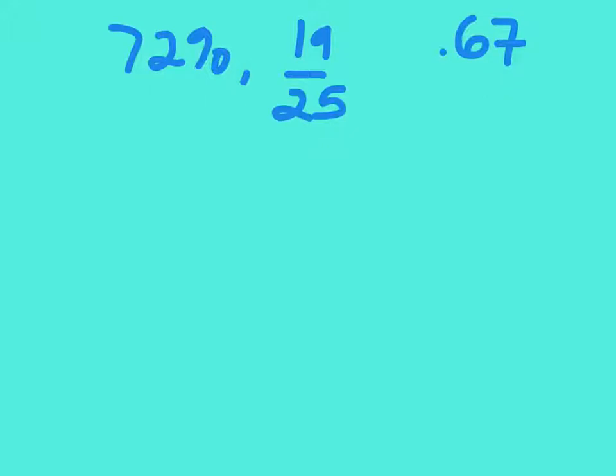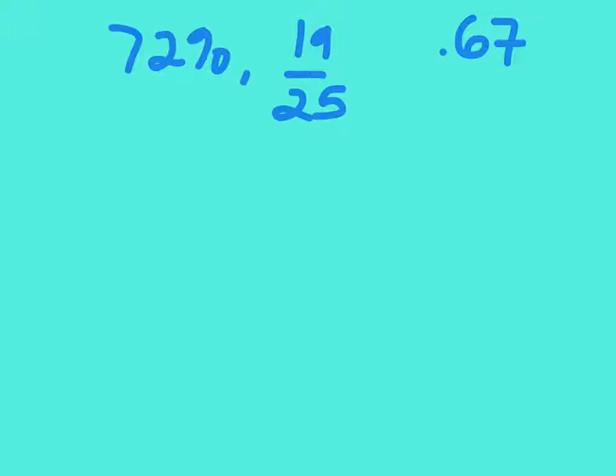Now we're looking for who made the fewest shots. So we're looking for the lowest number. Now what we need to do is we need to put these all into either a fraction, a decimal, or into a percent. And it doesn't matter which one as long as we do it all the same. We have one of each. I'm going to turn them into, let's do a decimal.